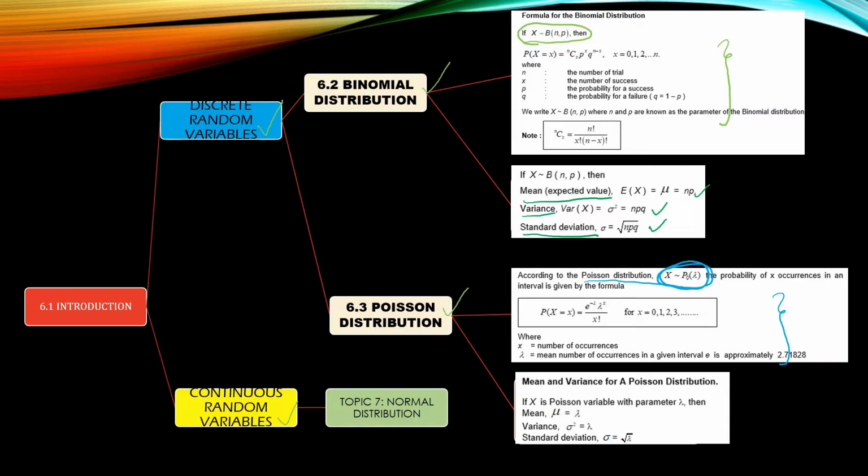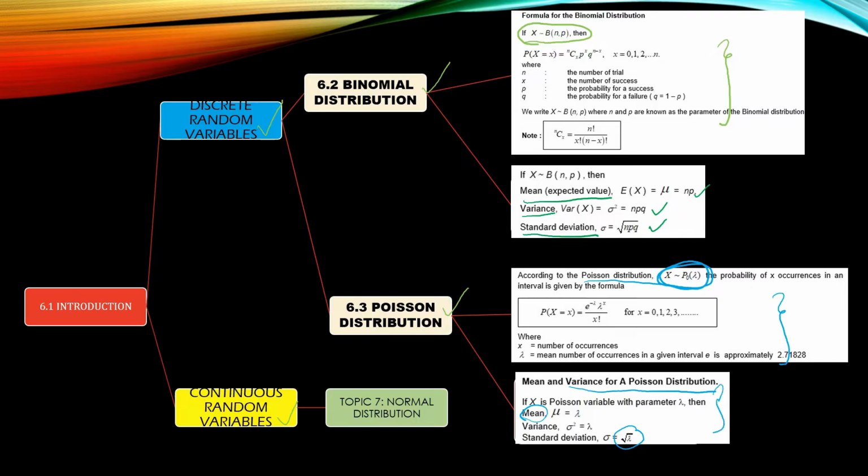Meanwhile, there is also the mean and variance for a Poisson distribution. So please take note, for a Poisson distribution, the mean equals lambda. The variance equals lambda, and the standard deviation equals the square root of lambda.